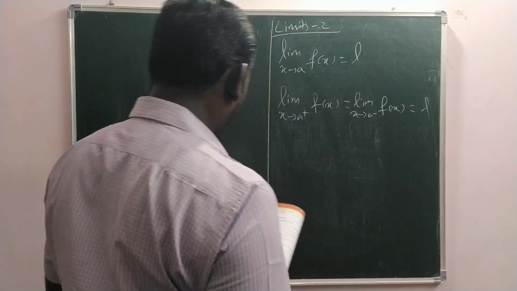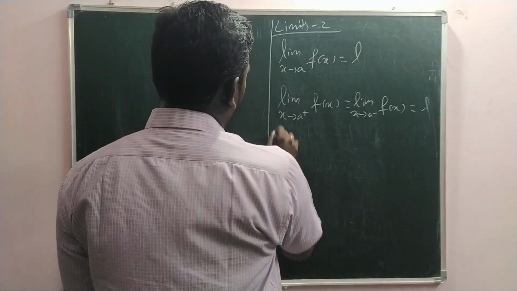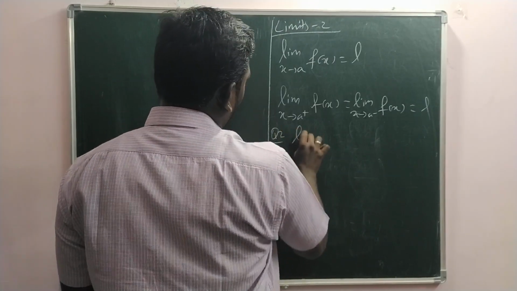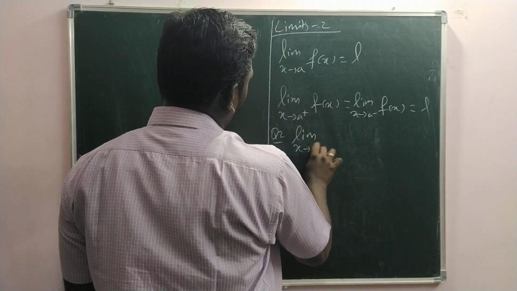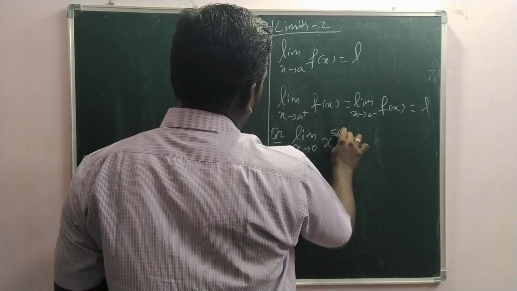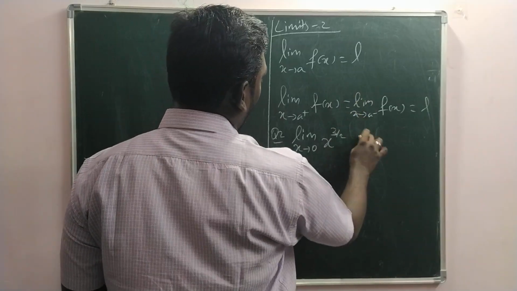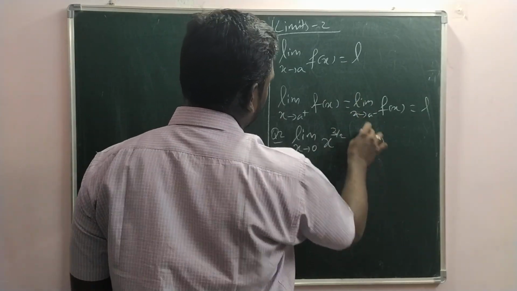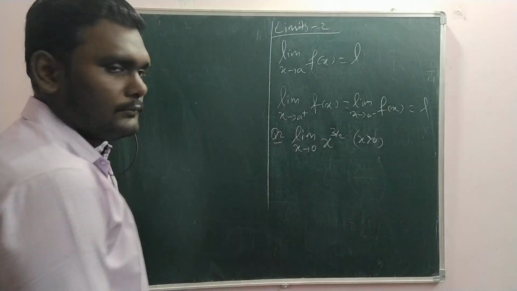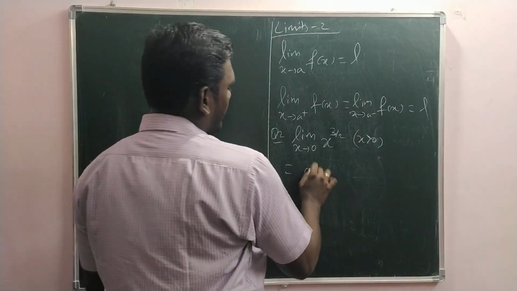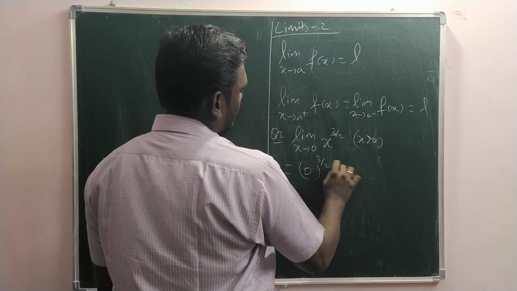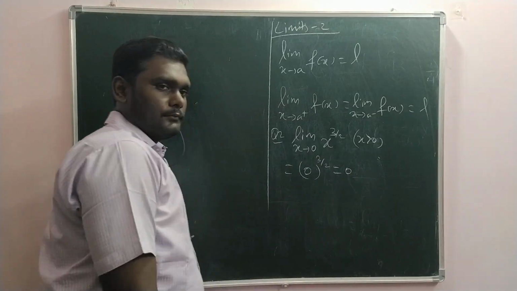So now question number 2. Limit x tends to 0, x power 3 by 2, provided that x is greater than 0. Then what is it? Directly 0 power 3 by 2, it is 0 only.